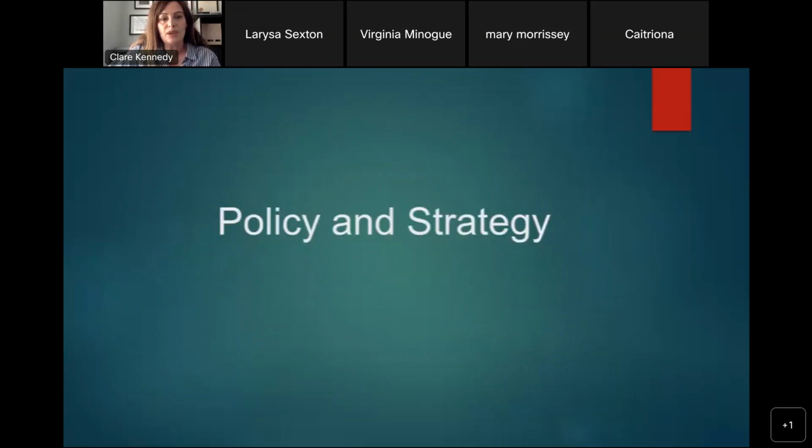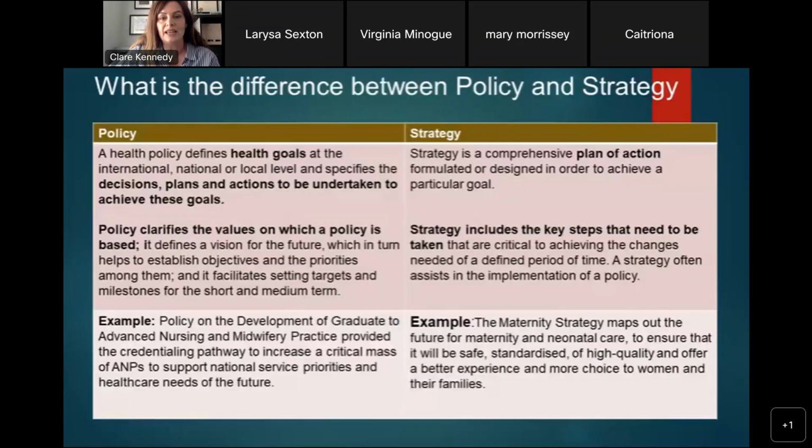I'm just going to touch briefly now on policy and strategy, because this will set the scene for the next part of this presentation. When we look at policy and strategy, the difference with policy is it's very much looking at health goals. It's very much looking at the decisions that we need, the plans and actions, and it clarifies what the values of the policy will be based on. So what's the vision of the future?